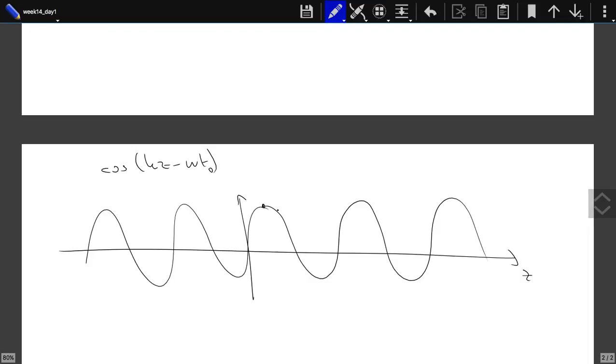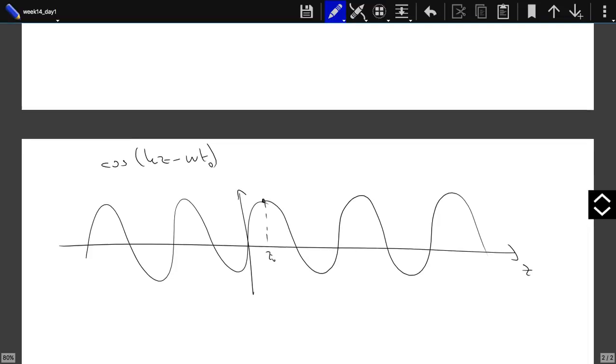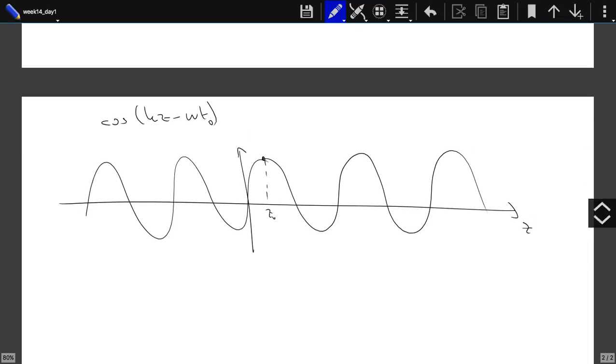What is the coordinate? What is z0? Well, it's the top point. You can derive it. Cosine has the maximum value of 1 when its argument is 0 or 2 pi or so on. So k z0 minus omega t0 is 0, right?